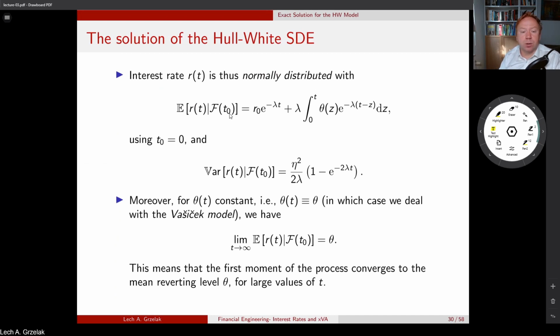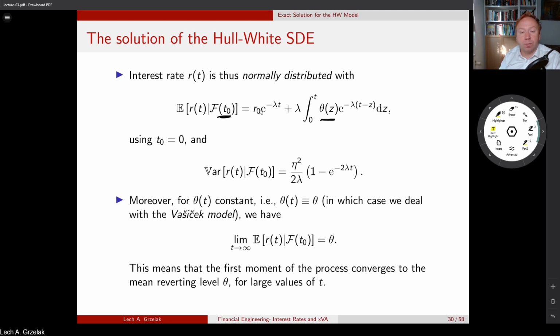So the expectation of a process Rt conditioned on today. This is the condition that we will see the process simulated for us from today. Then we have R0 exponent minus lambda t, and we have this other component involving the term structure, theta z. And for the variance, we have a composition of volatility squared divided by the speed of mean reversion. Then we have also some decaying element here.